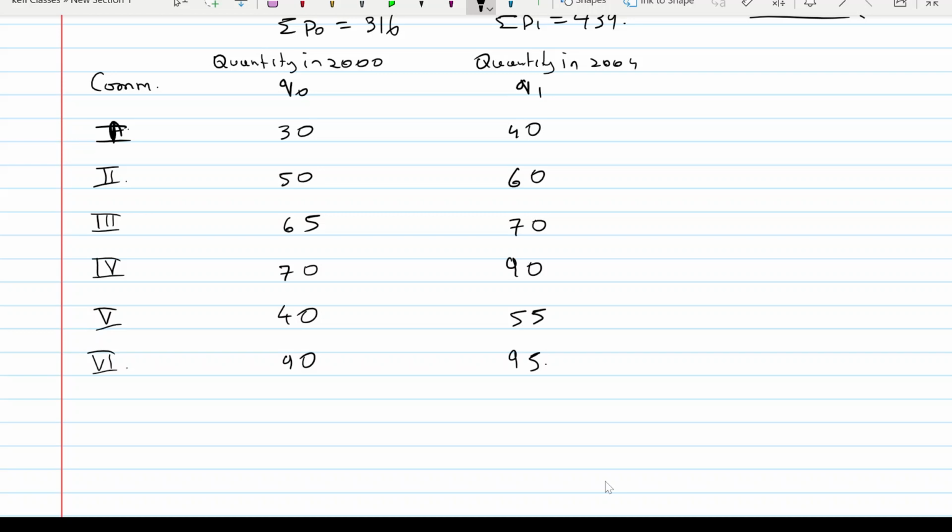Summation Q1. Correct. Summation Q1 upon summation Q0 into 100.